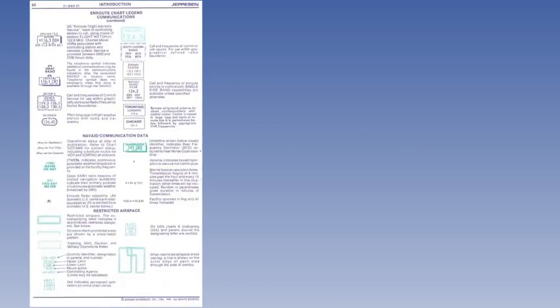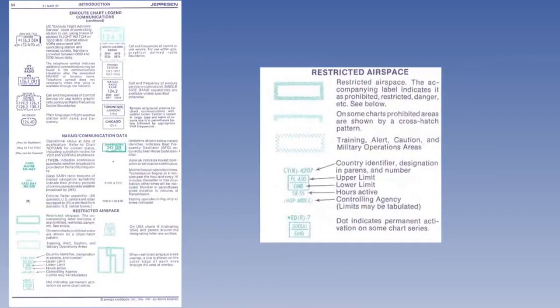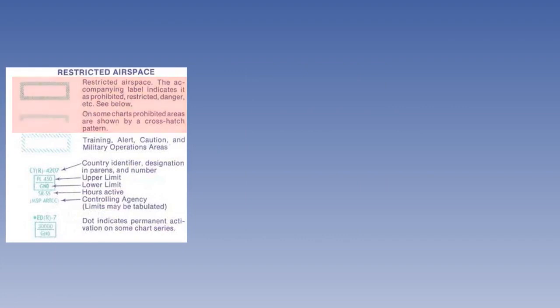The boundaries of restricted airspace are outlined with a hatched lined border. Training, alert, caution, and military operations areas are outlined with a wider hatched line as shown.